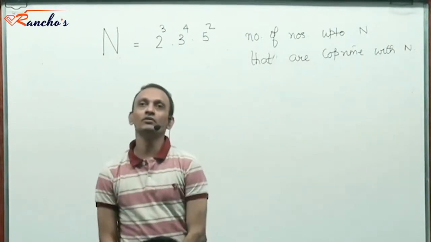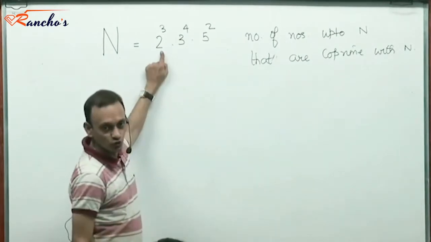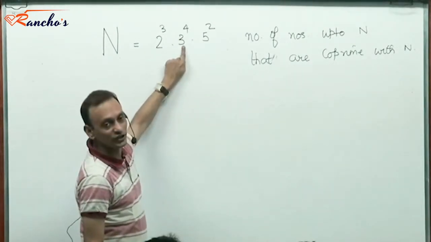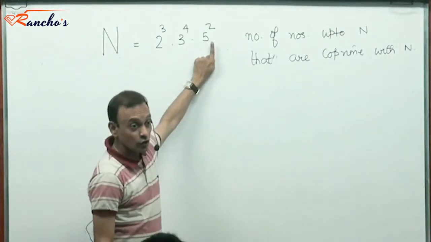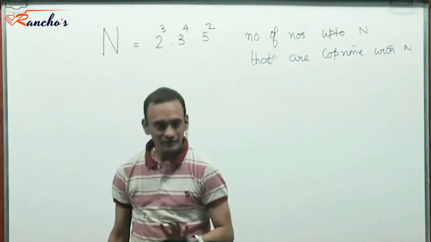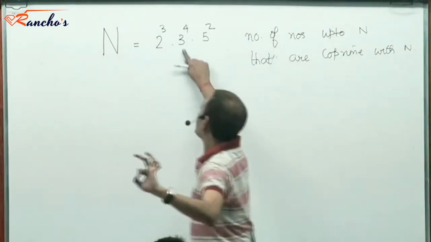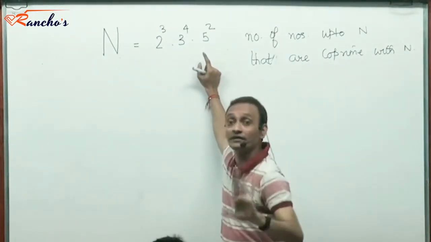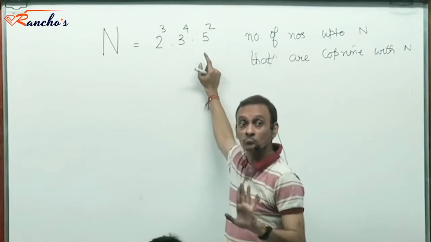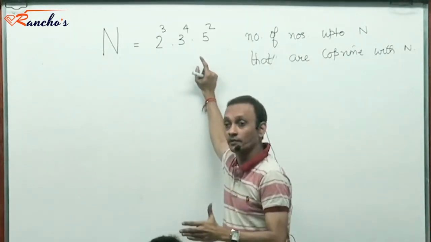Now, first of all those numbers that have a factor 2 or a factor 3 or a factor 5 up to n will not be co-prime with n, yes or no? Yes, right? So let me find out those numbers that are not co-prime with n.